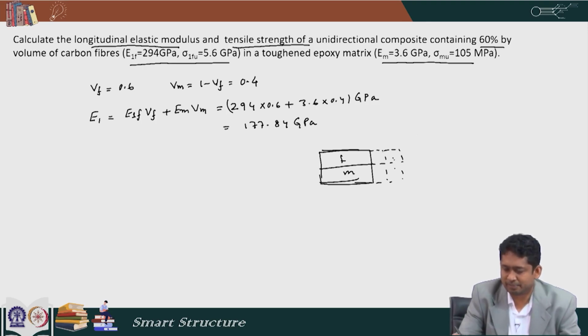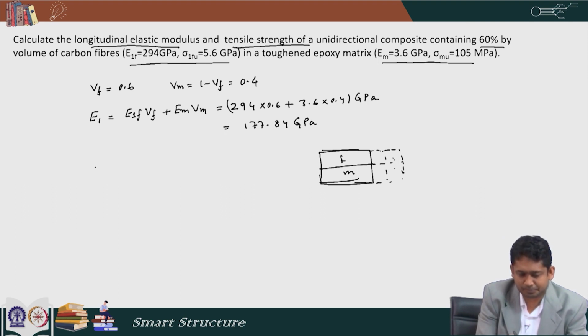So, when we keep loading it, either the matrix or the fiber will fail first, and whichever fails first determines the tensile strength of this material, or the tensile stress of the composite during failure.